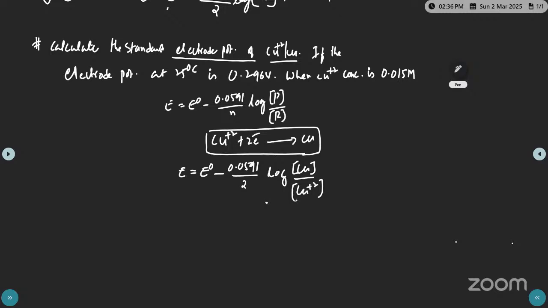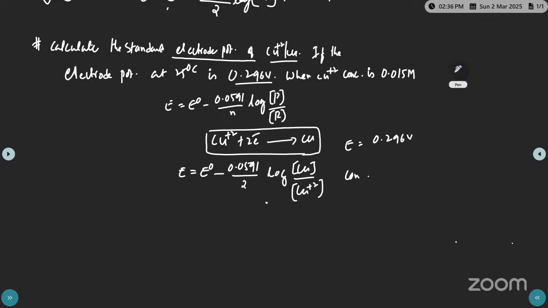So simplify చేస్తే, so ఇక్కడ given that ఏమి ఇచ్చాడు? So if the electrode potential is 0.296 volts, and in that given that, so E is equal to how much? 0.296 volts, and ఇంకేమి ఇచ్చాడు? Concentration.